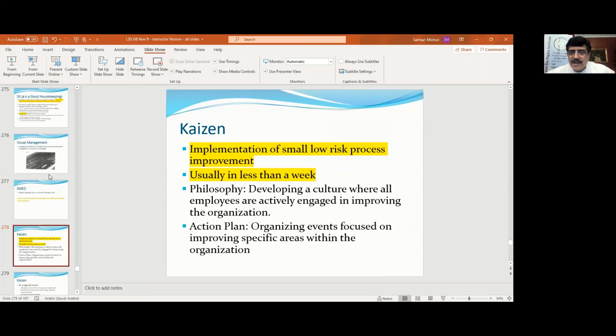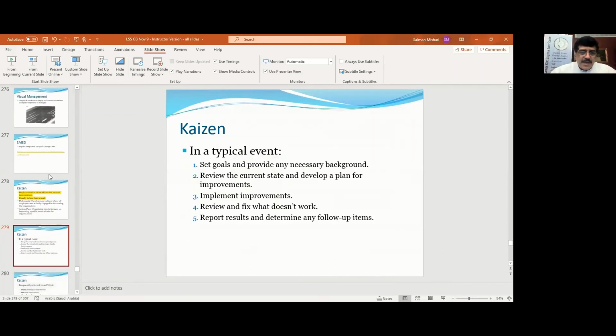The philosophy here is developing a culture where everybody is engaged in improving the organization. And the action plan is organizing events focused on improving a specific area. Today we'll take this room, tomorrow we'll take the other room, or this place, and so on and so forth. So it's taking it a piece at a time.